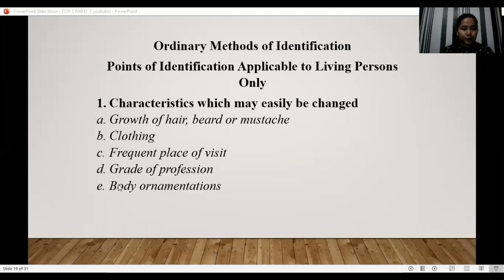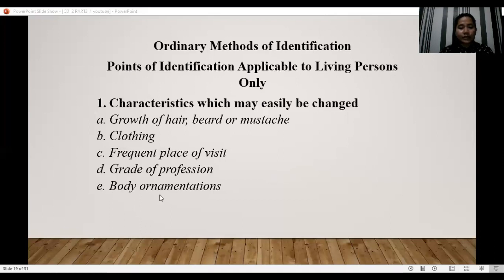So the letter D natin is grade of profession. When we say grade of profession, for example, a medical student of the upper clinical year may be recognized by the stethoscope. Then a student nurse may be recognized by her cap, di ba? Then a mechanic by his tools, a clergyman by his robe, and etc. So a change of grade or trade and vocation or profession may be resorted to as a means of concealing identity.